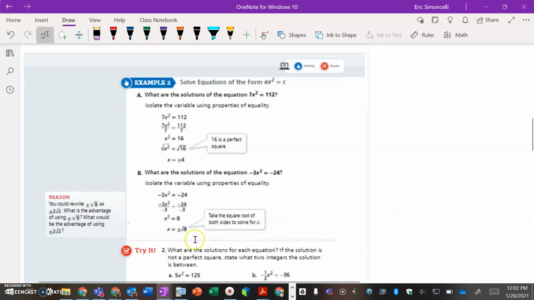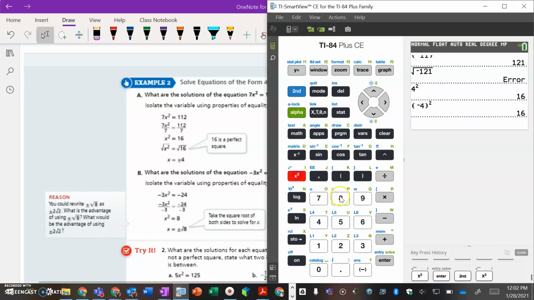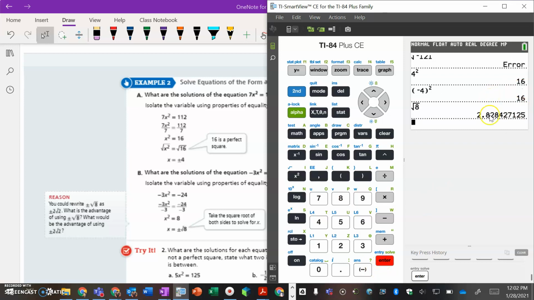Now if you did actually type this in, you'll find that, unlike the last problem where the radicand was a perfect square, the square root of 8 shouldn't give you a nice answer, and it doesn't. It's 2.828. This is an irrational number, while the square root of 16, because it is a perfect square, ends up being a rational number.